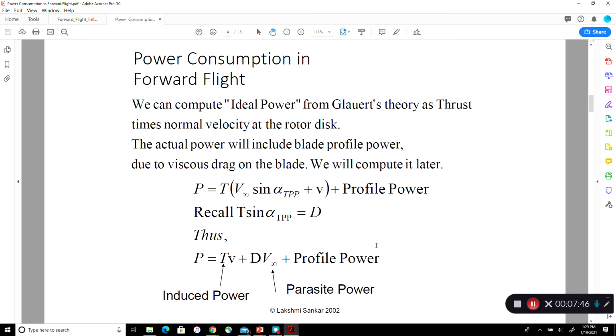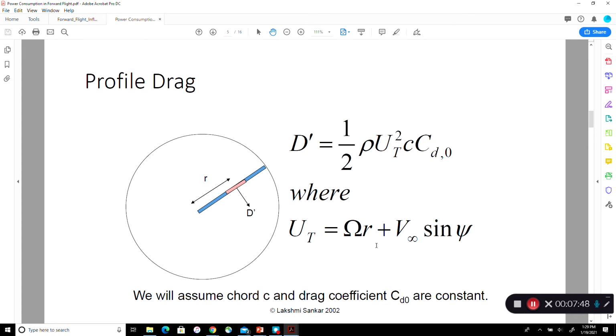So we do it as follows, very approximately. We say, okay, this is the rotor, this is the typical rotor blade, it's spinning round and round. At every section of small width delta R, the drag force per unit span is 1/2 times density times velocity squared. Velocity squared is omega R due to the rotation of the blade plus V infinity times sine of psi. Why is it sine of psi?